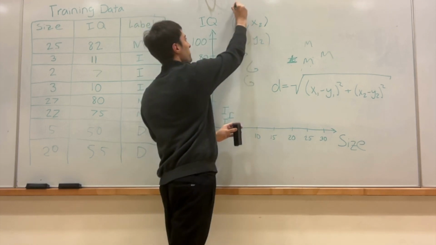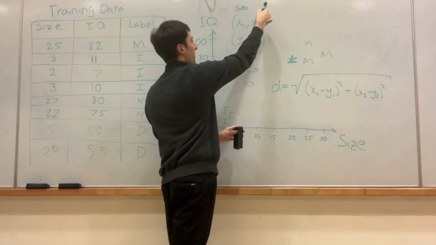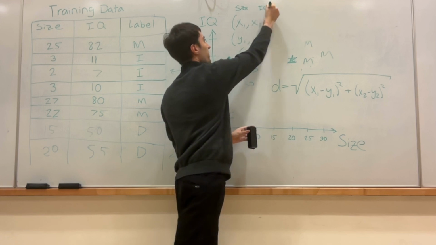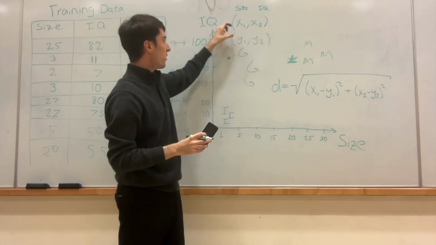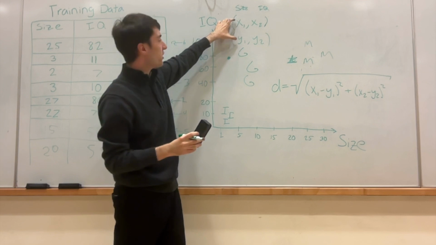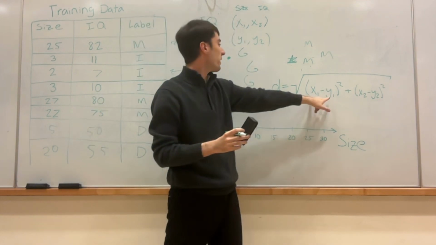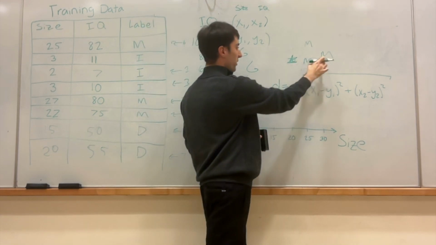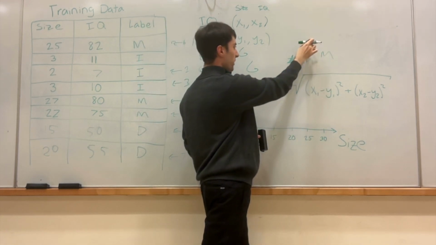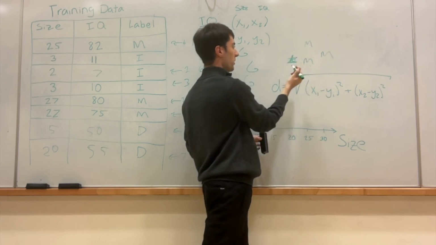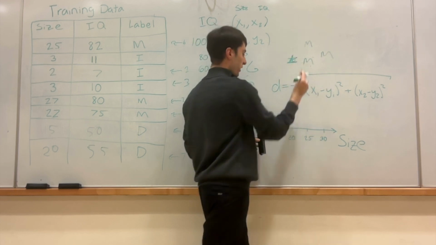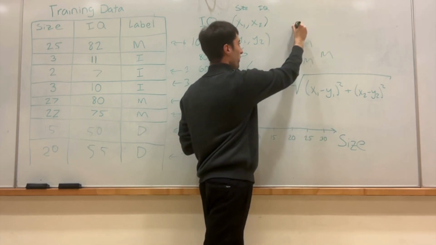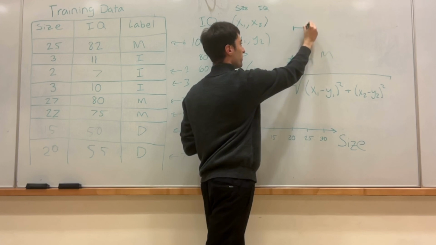So this one is size, and the 2 right here is IQ. Now we subtract between the 2 points, x1 minus y1. Let's say that we're doing it between these 2 points right here. I want to know the distance in the x1 component. X1 is along this way, so from here to here. Does that make sense, right?